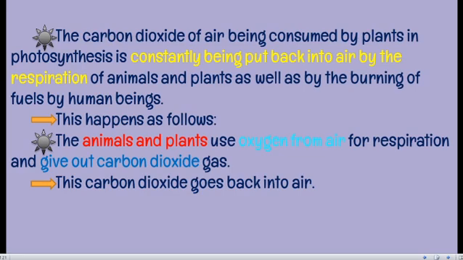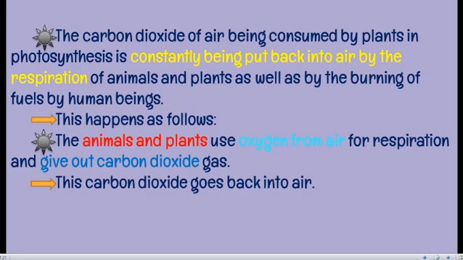This carbon dioxide is used in photosynthesis, so carbon dioxide also has to be balanced. The carbon dioxide is balanced by human beings because we are releasing carbon dioxide, and burning of fuels also releases carbon dioxide molecules, so that it can be balanced in the atmosphere. So how does it happen?